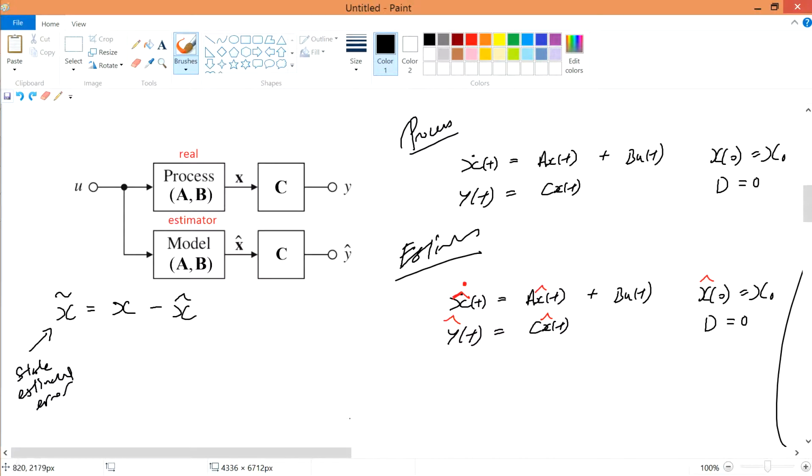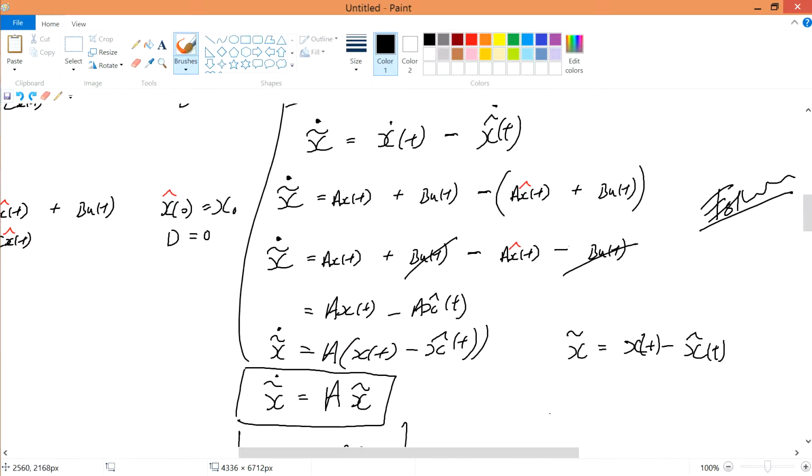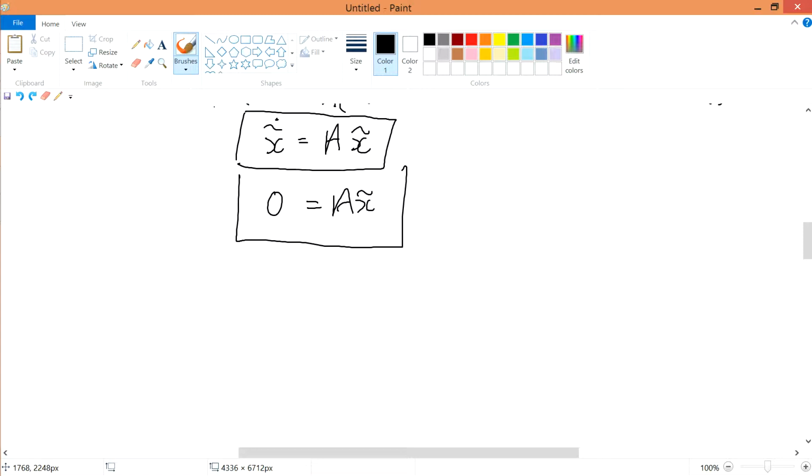But anyway, I'll not go into those details. Since we know that this is equal to 0 and this is not equal to 0, the only way is to ensure that A multiplied by your x curly bar will be equal to 0, because A itself is a matrix and your x curly bar is a lot of states.